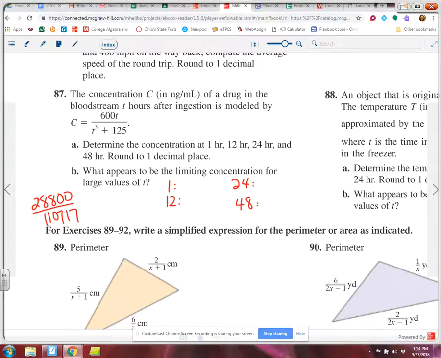All right, so you should be doing the numerator, you should be doing the denominator, then you should be dividing them, and it says we're rounding to 1 decimal place here.